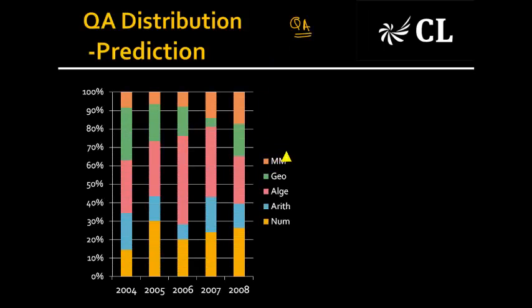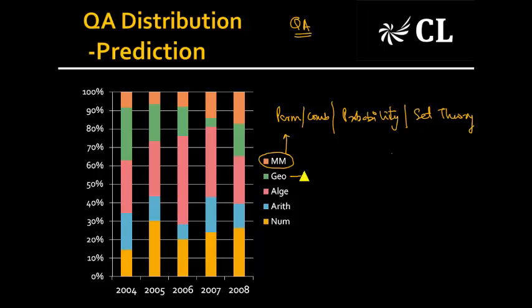Now let's go individually with respect to QA. Now this is modern math. By modern math, I've included permutations, combinations, probability, and set theory. Geometry is the usual suspect.